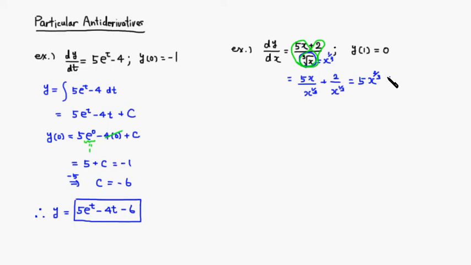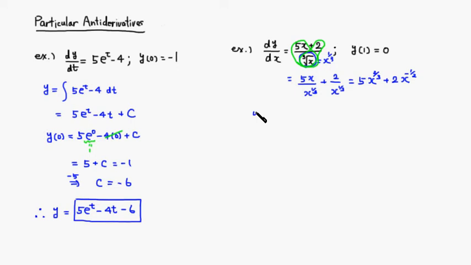Plus we have 2. I don't like fractions, so I'm going to write it as x to the negative 1/3 power, since x is on the bottom. So that's the dy over dx, I just rewrote it.